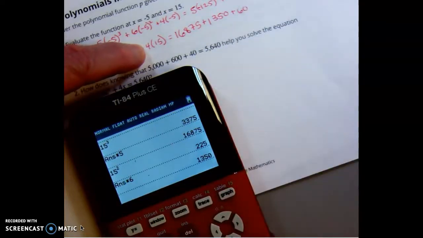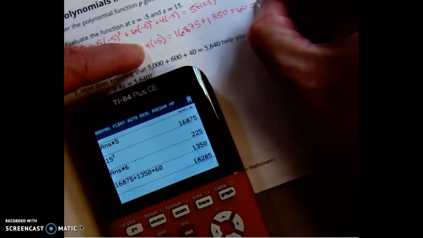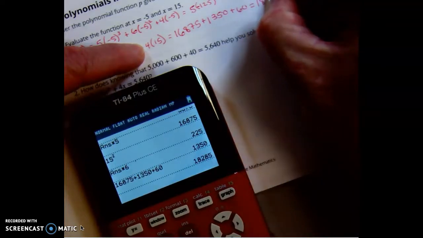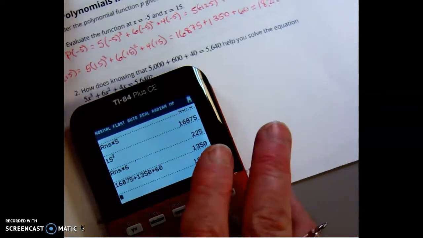So I can just add those 3 together. So 16,875 plus 1,350 plus 60. I get a total of 18,285. Just plugged it in.